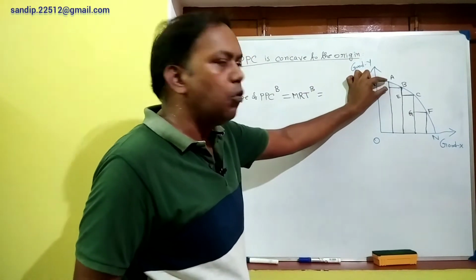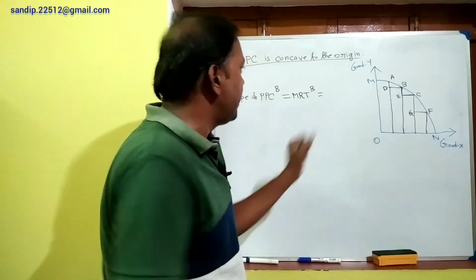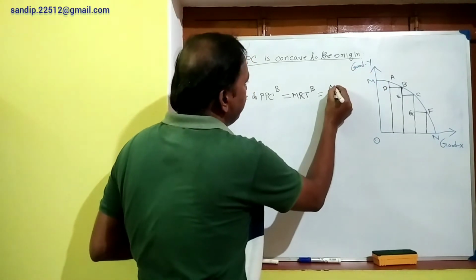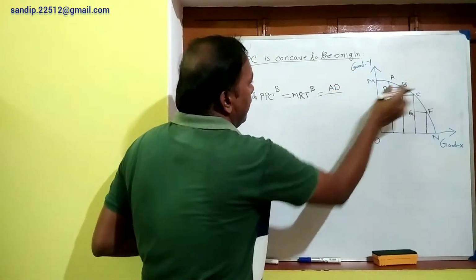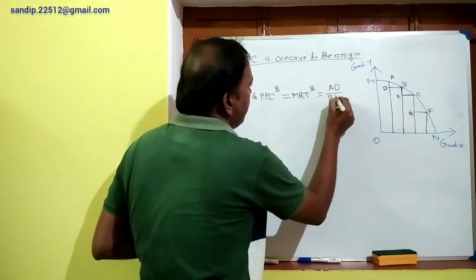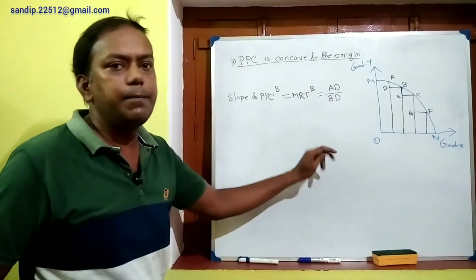How much of good Y the producer is sacrificing, means AD, divided by the amount of extra production of good X, means AD by BD.